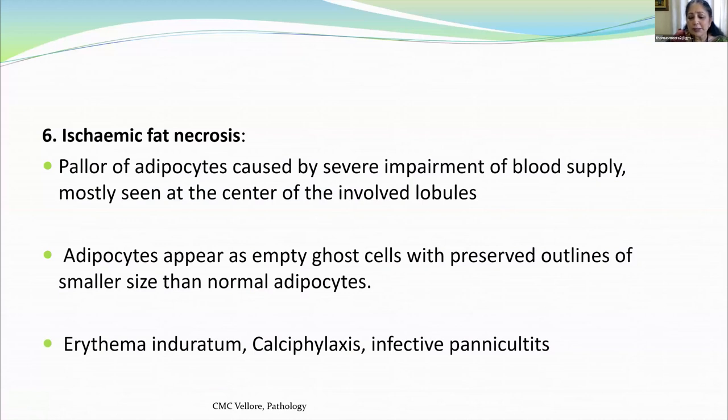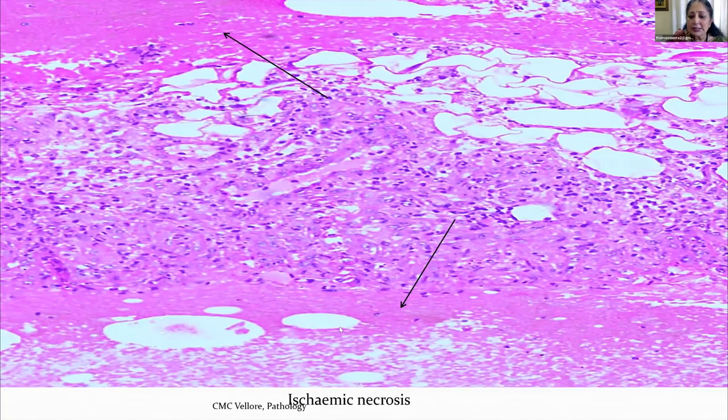The sixth type is ischemic fat necrosis because of impaired blood supply, usually seen in the center of the lobules. Now here the adipocytes present, as they're smaller in size, the outlines are preserved, but the rest of it is all degenerated. You cannot see any nuclei in that site. You can see it in calciphylaxis.